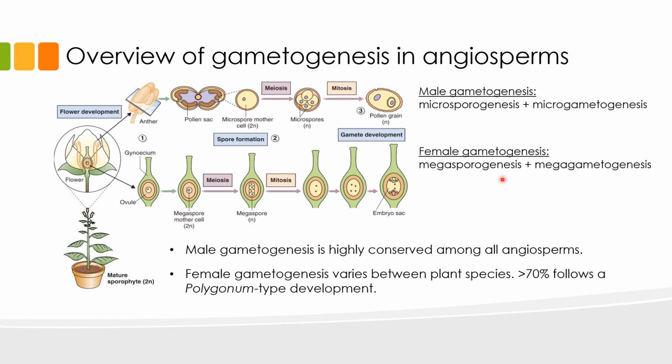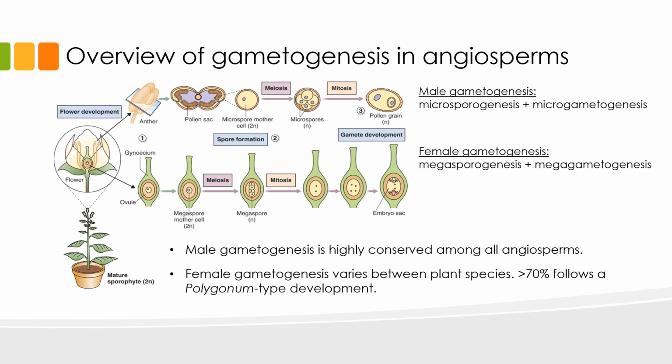At the molecular level, more is known about pollen grain than embryo sac formation, and there are two main reasons for this. First, the flower produces more pollen than embryo sac. A single corn plant, for example, can produce more than 25 million pollen grains, but only a few hundred embryo sacs. That's why a single corn plant produces only 1 or 2 cobs with 200 to 400 kernels.